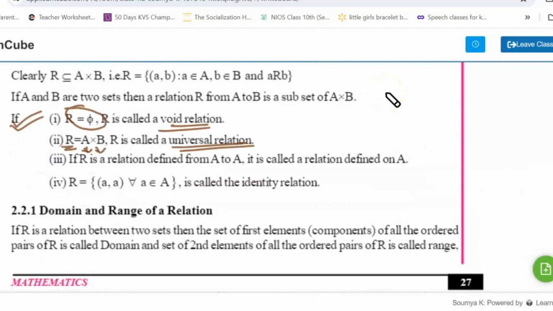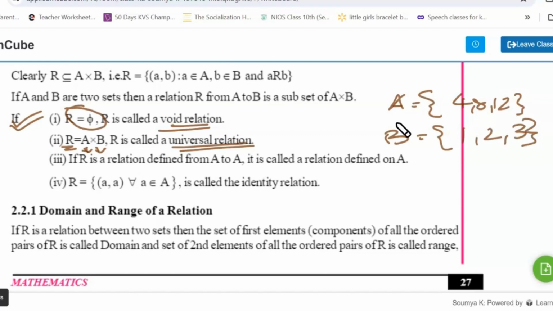Example would be, if A has the elements 4, 8 and 12, B set has the elements 1, 2 and 3, and consider the relation from A to B is x greater than y, where x and y are the elements from A and B respectively.